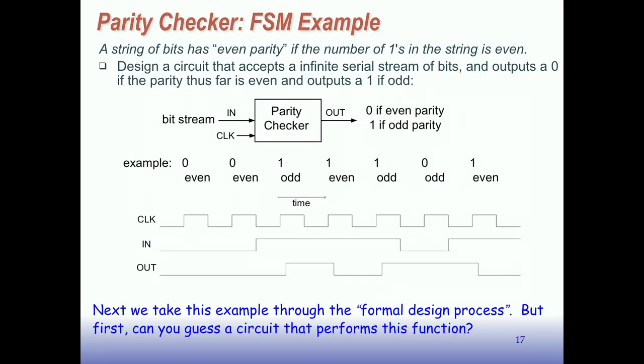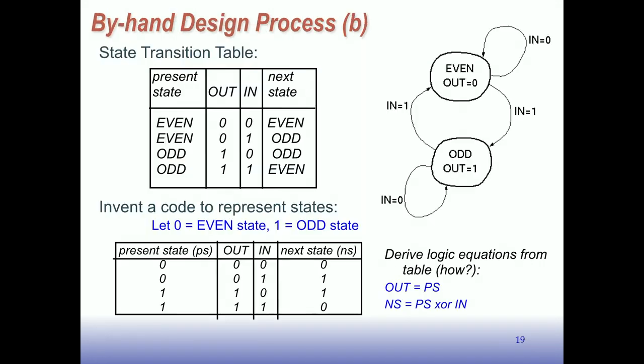In this case, it's pretty simple. You look at present state and input, and the function is next state here. So 0, 0 goes to 0, 0, 1 goes to 1, 1, 0 goes to 1, 1, 1 goes to 0. Oh, look at that. This is the exclusive OR function, and there it is. The next state is present state exclusive OR in.